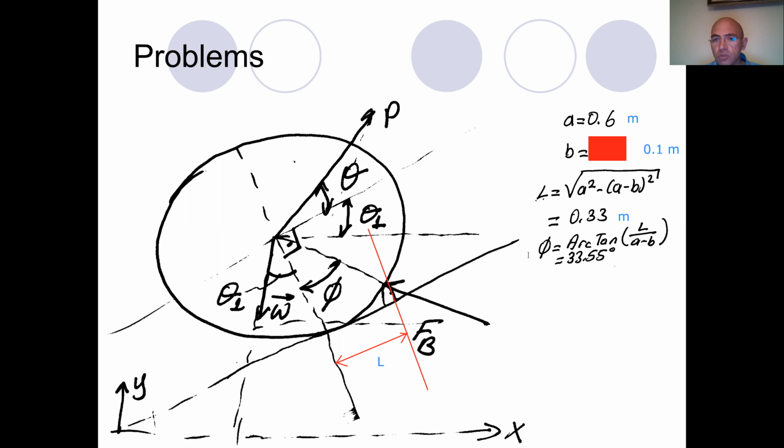From here, I can calculate the phi. It is arctangent L divided by A minus B. So it is this length divided by this length. Let me draw the triangle here.